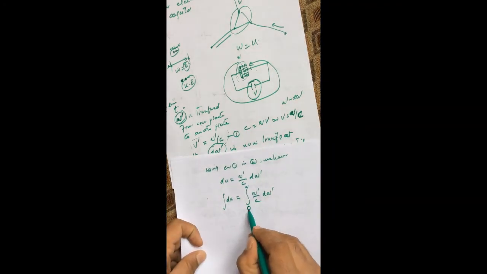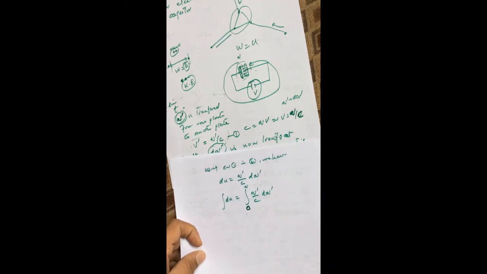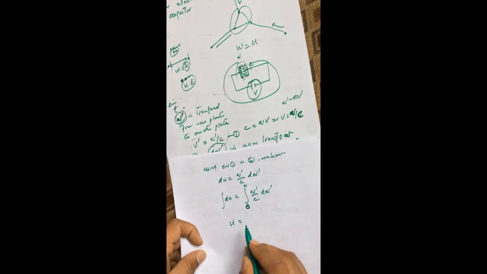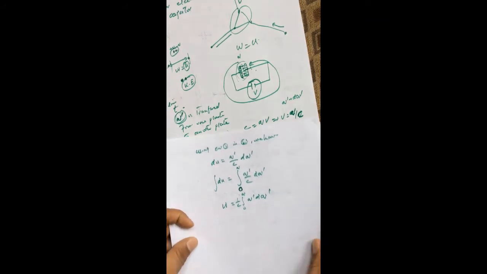So we start transferring charge from 0 to Q. From this side we get U, which is equal to the integral from 0 to Q, and 1 over C is constant, so I can keep it outside of the integral. We have Q prime dq prime.